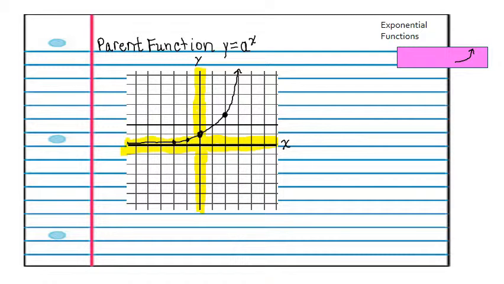The parent function of an exponential equation is denoted by y equals a to the power of x, where x is the variable that's happening here. Generally we couldn't have a base of 1, because 1 to any power would always result in 1, so it'd be rather linear.